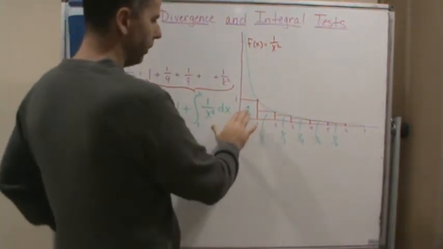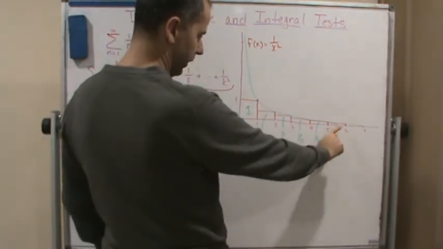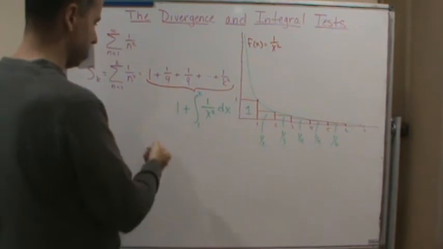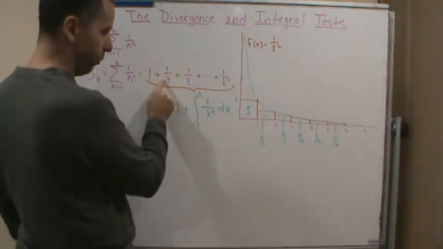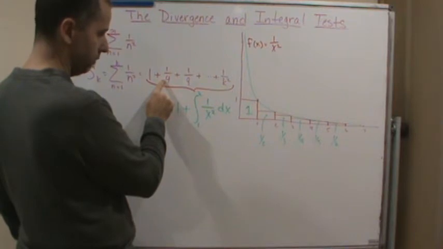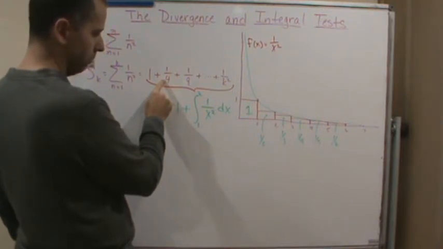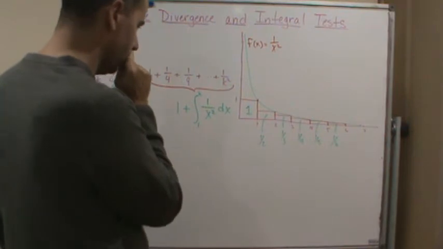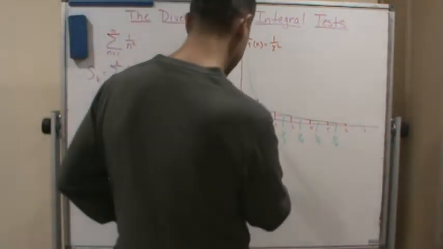Now I want to compare the series. Again, the areas of these rectangles represent the terms of the series. So 1 plus 1/4... Oh, hold on a second. Oh, I got these messed up.